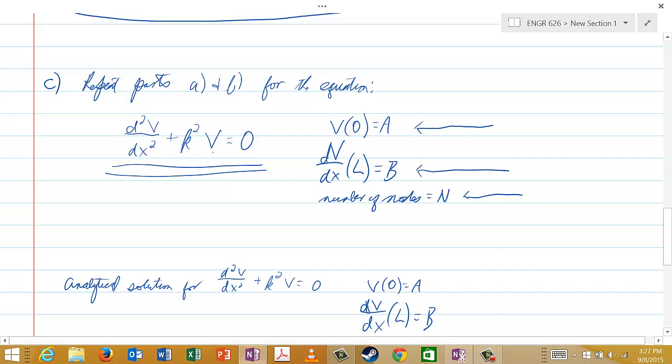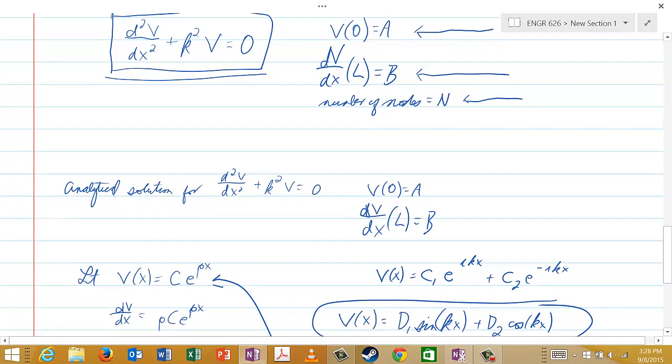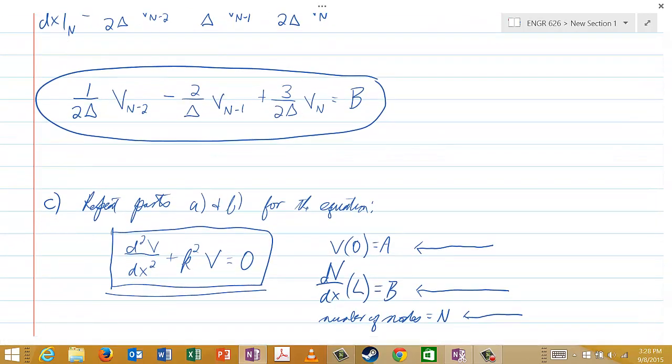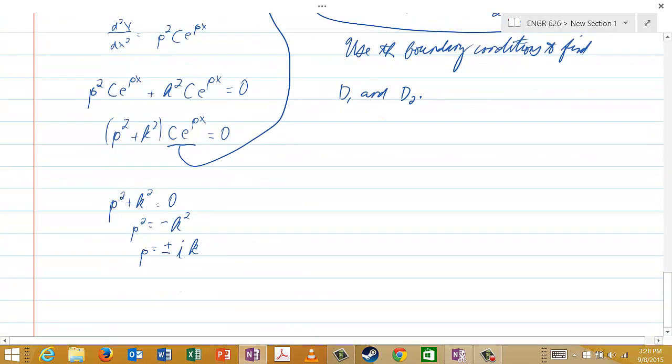And whereas when you're solving Laplace's equation, you found that parts A and B both give excellent results, when you apply these two different methods for this equation right here, this is the wave equation, you will see that the second method, the method detailed in B, is much more accurate than the method detailed in part A. And so that's the point of doing part C. But you will have actually two codes to write here for part C. And so I hope that helps to answer some of the questions that have been coming up in class.